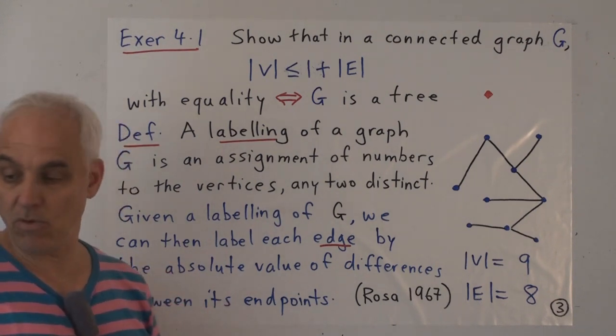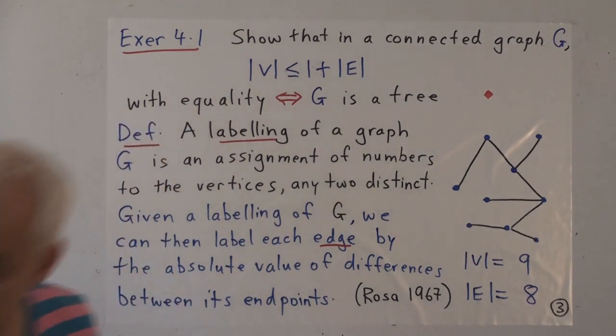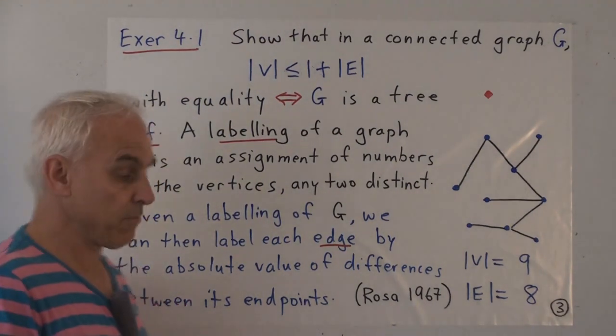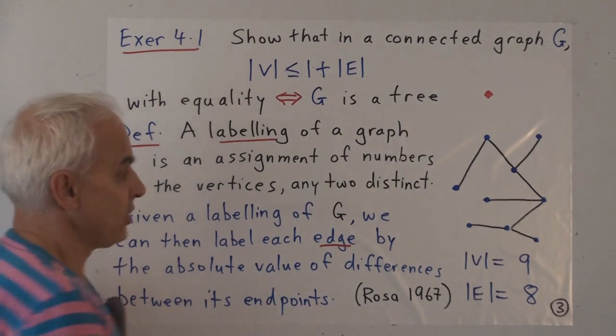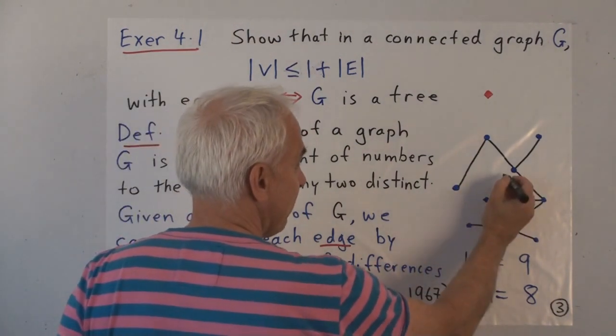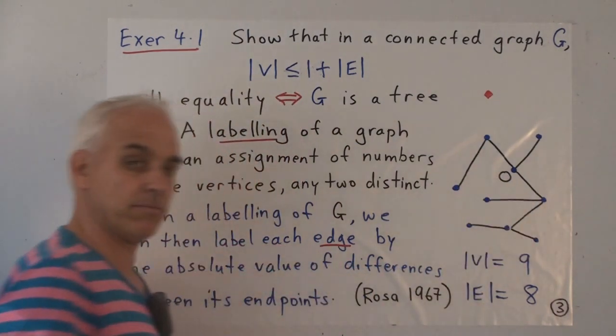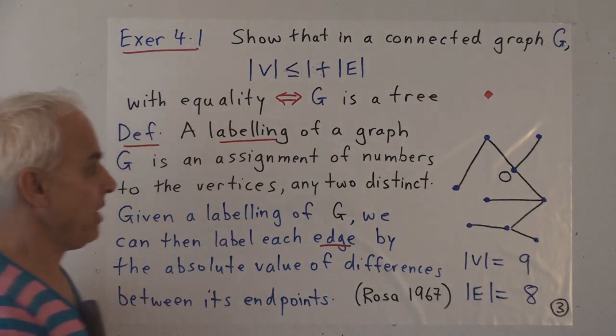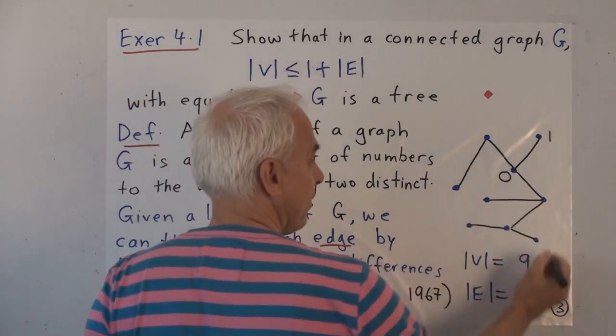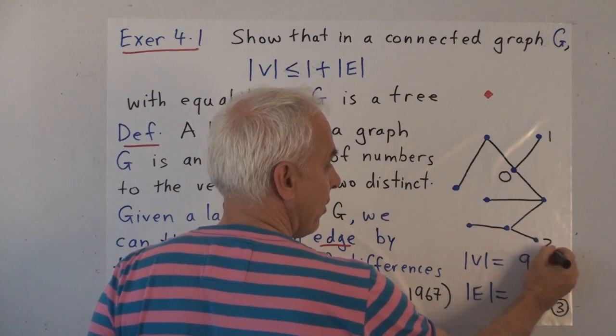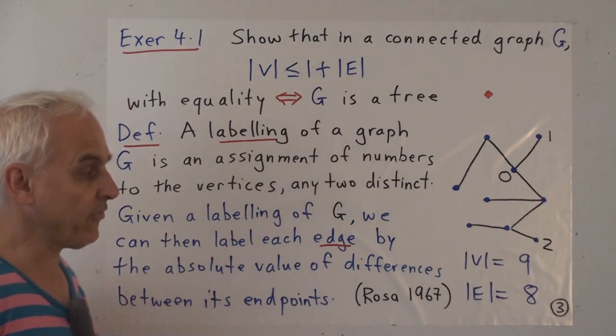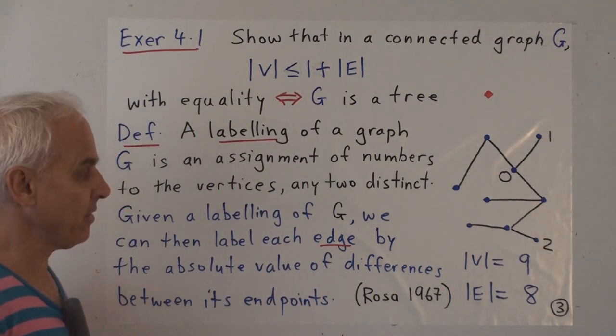So for example, here would be a labeling of this tree. Maybe we could start by giving this one the number 0. That's allowed. And maybe this one the number 1, and this one the number 2. We don't have to use all the numbers. We're talking about natural numbers here.